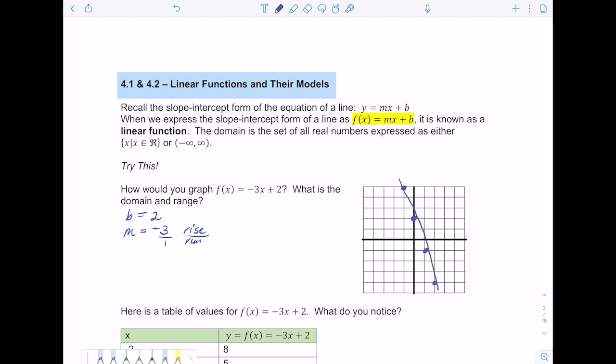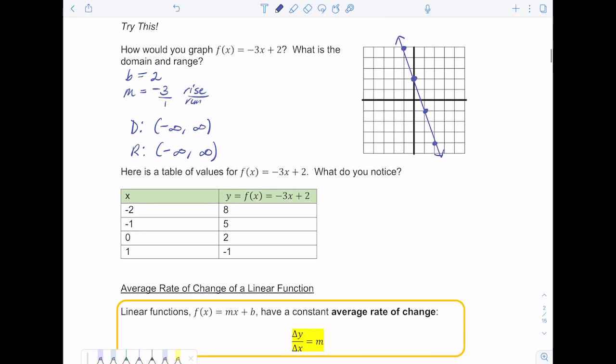And of course, to show that it's a line, we're going to add arrows to both ends to show that it goes on infinitely. Okay, and my domain, since it's a linear function, is all real numbers. And the range is also all real numbers. Every x is going to give you a different y value.